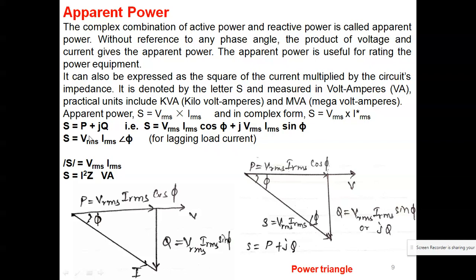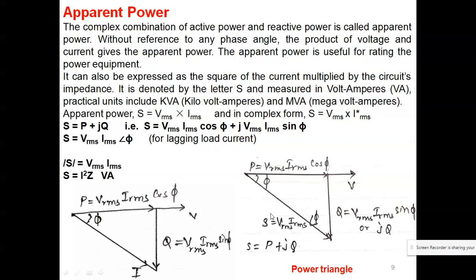The complex quantity, then, we are saying is the combination of the active power and reactive power. So I put these values here, and this is nothing but the lagging load current, because current is lagging by this angle. In this diagram you can see this is my real power, and this is the reactive power.